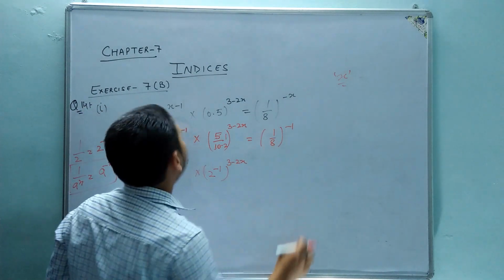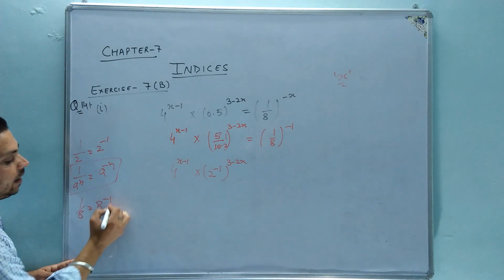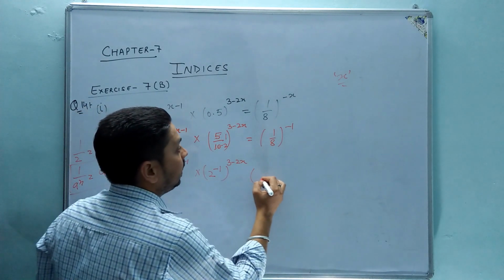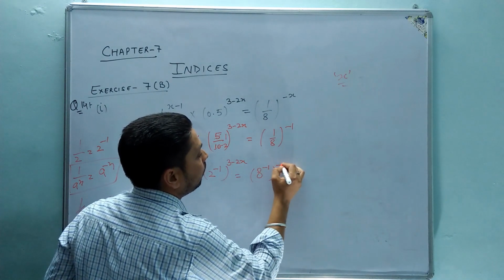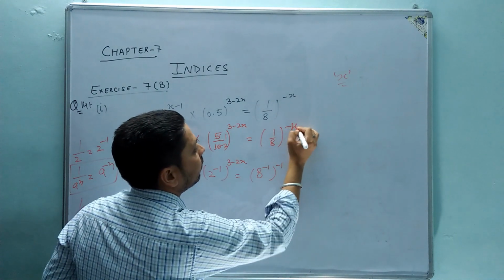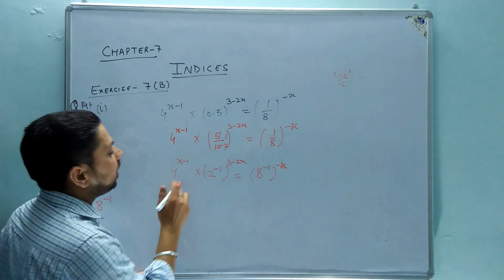Similarly, 1 over 8 can be written as 8 raised to power minus 1, that is 8 raised to power minus 1 whole power minus x.